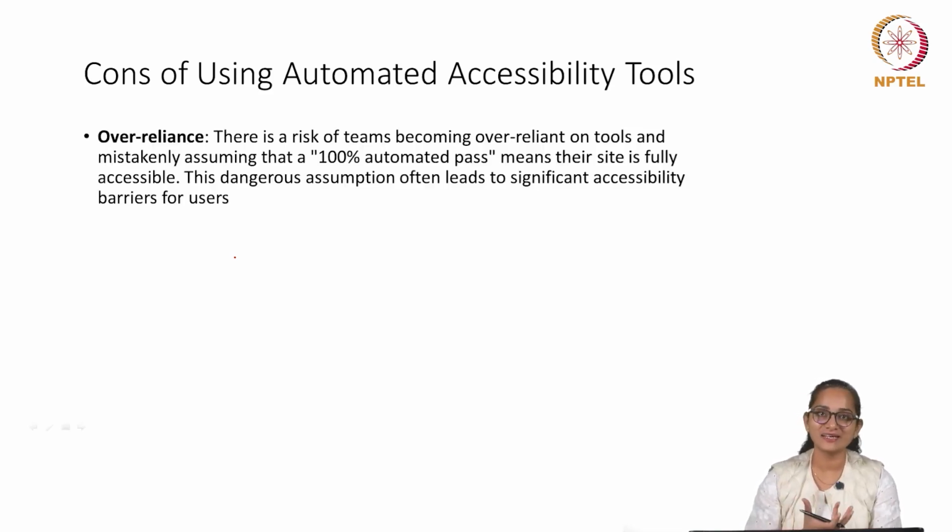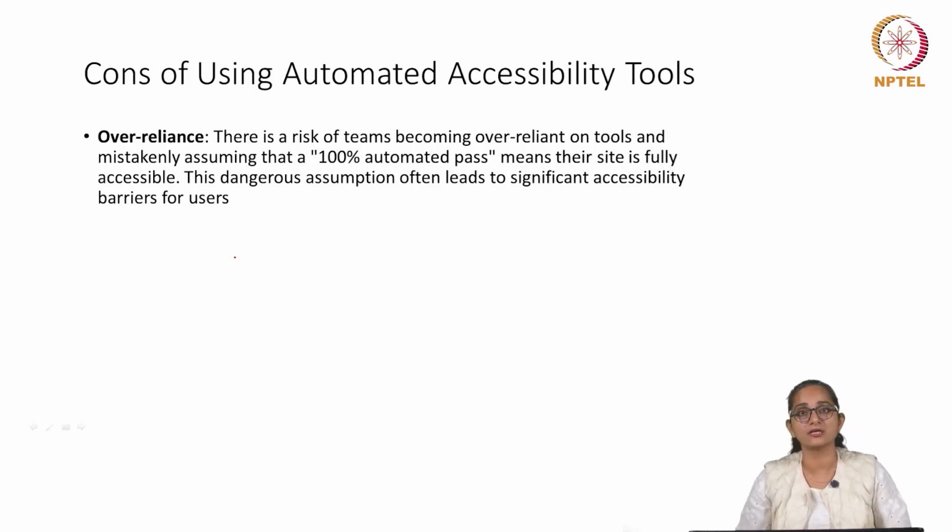Over-reliance, and I think that is where the last point ended. When we say it should not be used in isolation, that is what we mean: teams should not over-rely on such tools. There's a risk of teams becoming over-reliant and assuming that a 100% automated pass means that their site is fully accessible, while eventually it may lead to lawsuits or fines for the company.